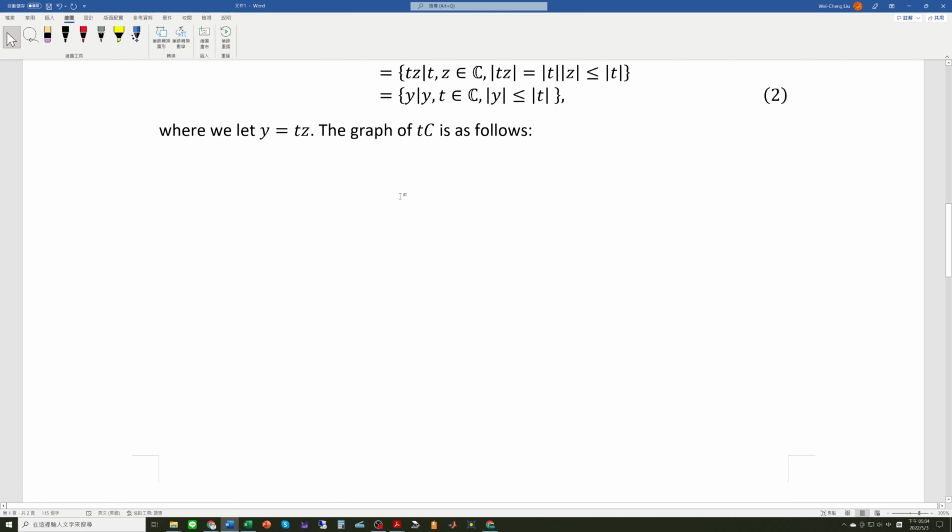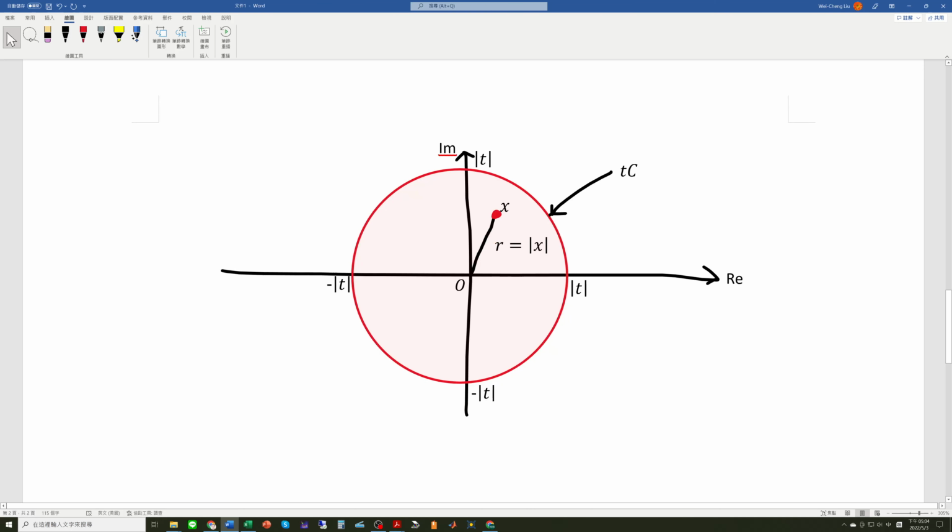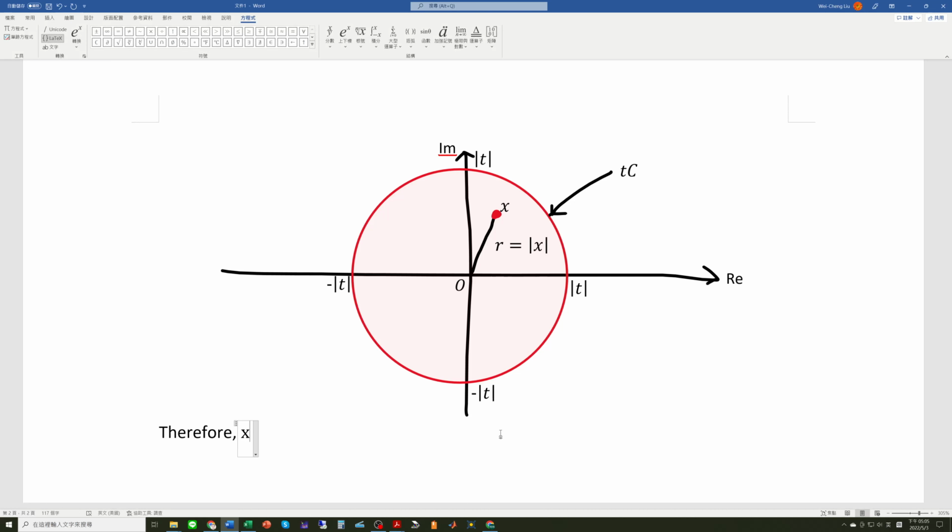Okay, here. So next, I can input some text here. Oh, it is very difficult for me. Therefore, X is in TC. Oh, sorry, TC.